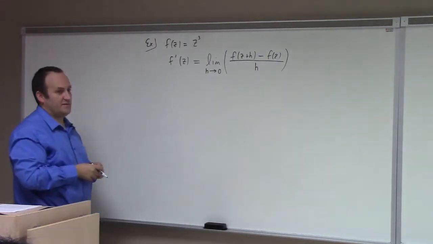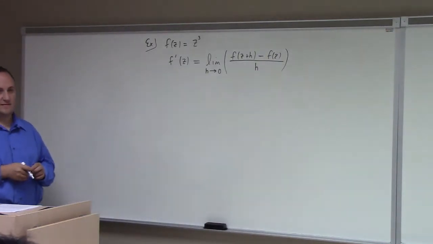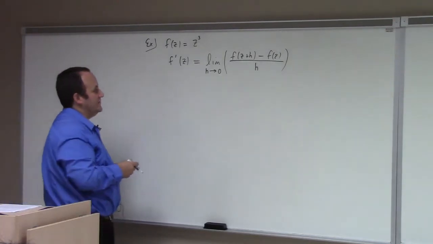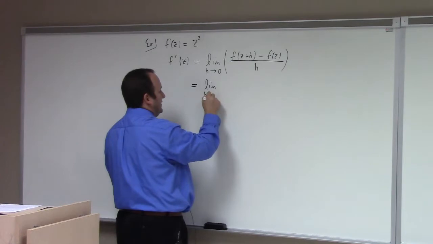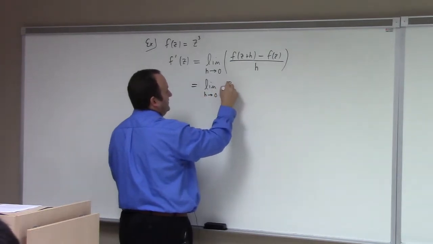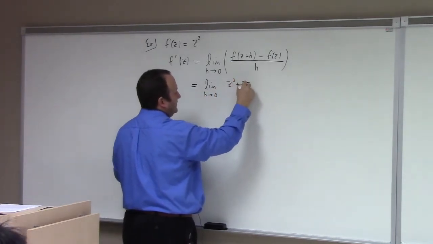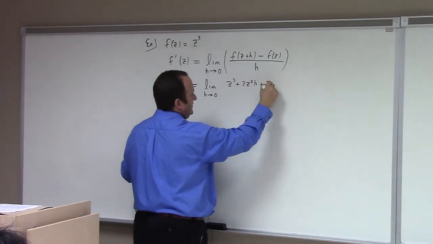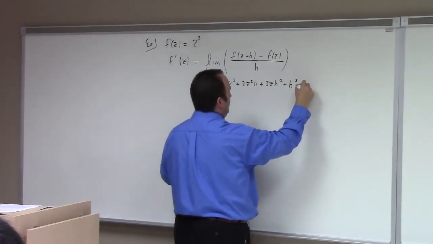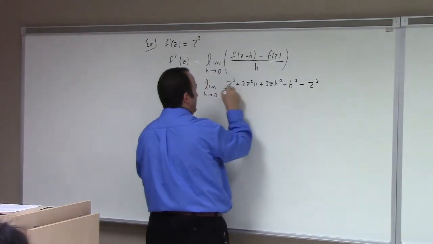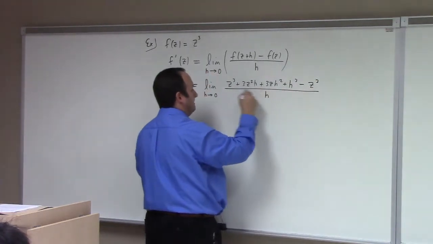And complex numbers are a field, so that division makes sense. Yay! And so you just got to, calculus 1, FOIL that thing out. You got yourself z cubed plus 3z squared h plus 3zh squared plus h cubed minus z cubed, all divided by h, right?